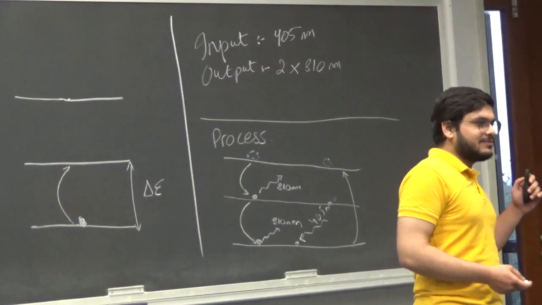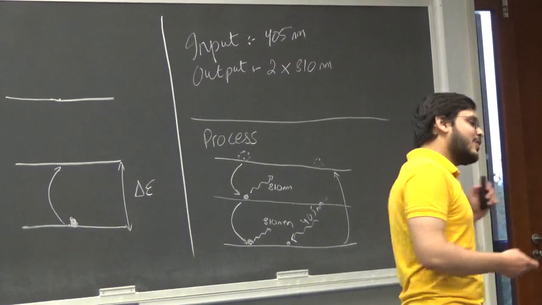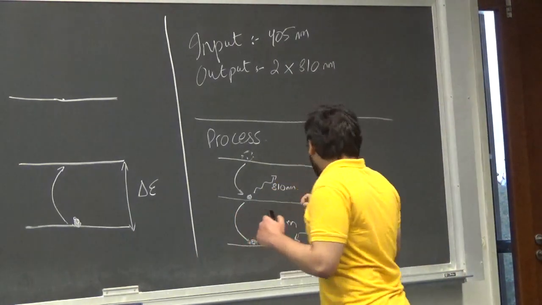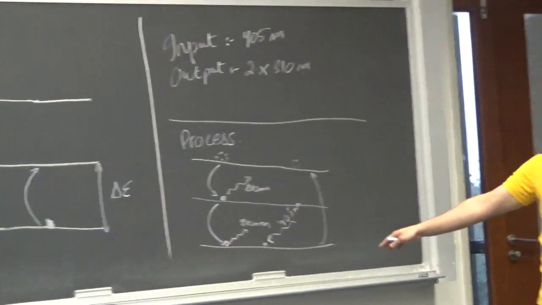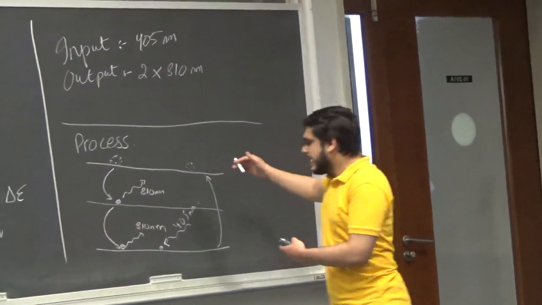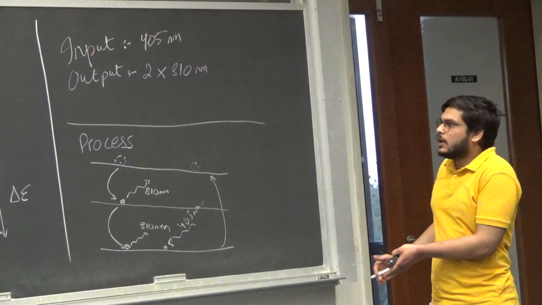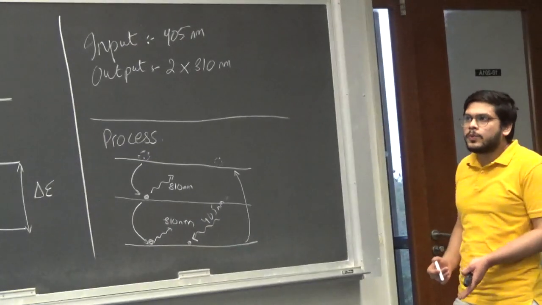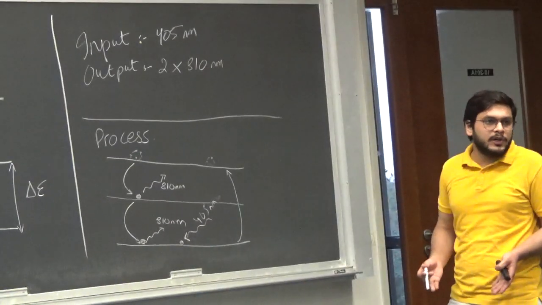So is it clear now how we are generating this? This process is a highly, what should I say, very low probability process.